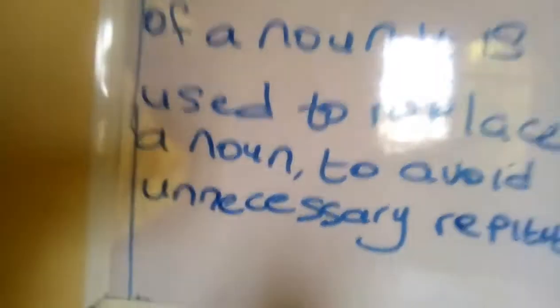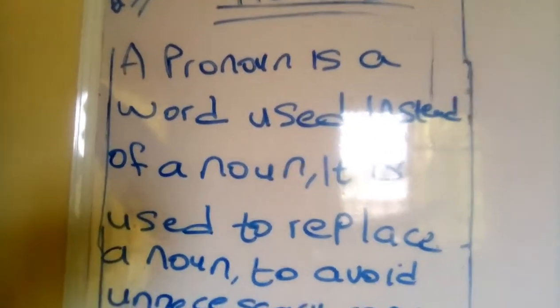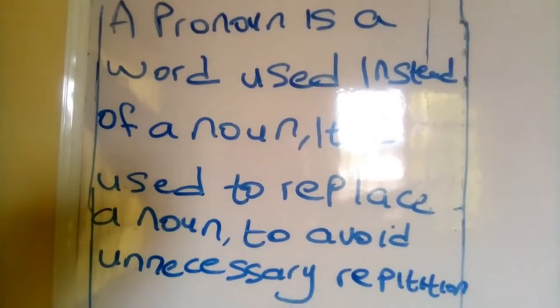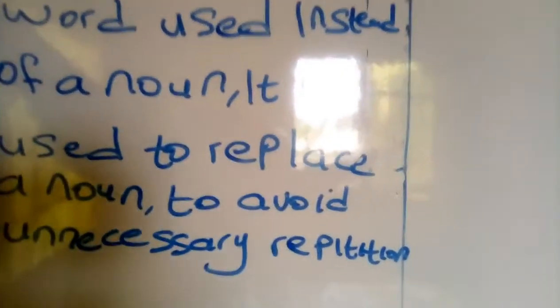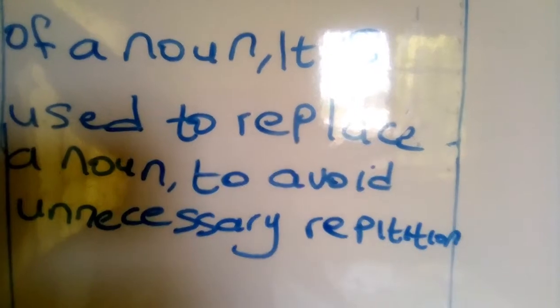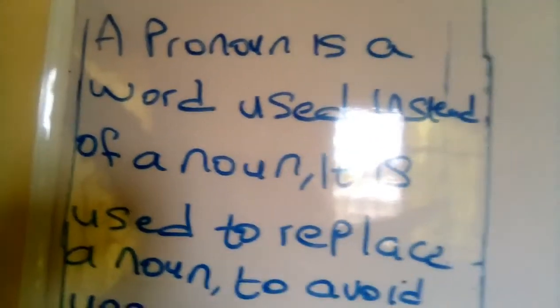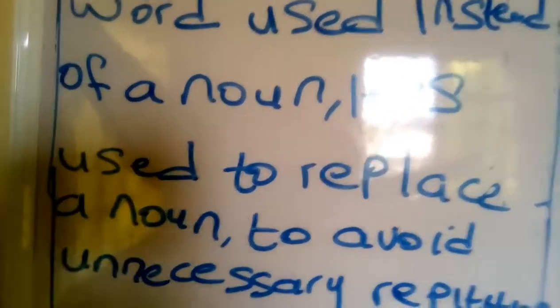So in case you're not seeing it, a pronoun is a word used instead of a noun. It is used to replace a noun to avoid unnecessary repetition. Are you seeing it? So now we are giving an example.